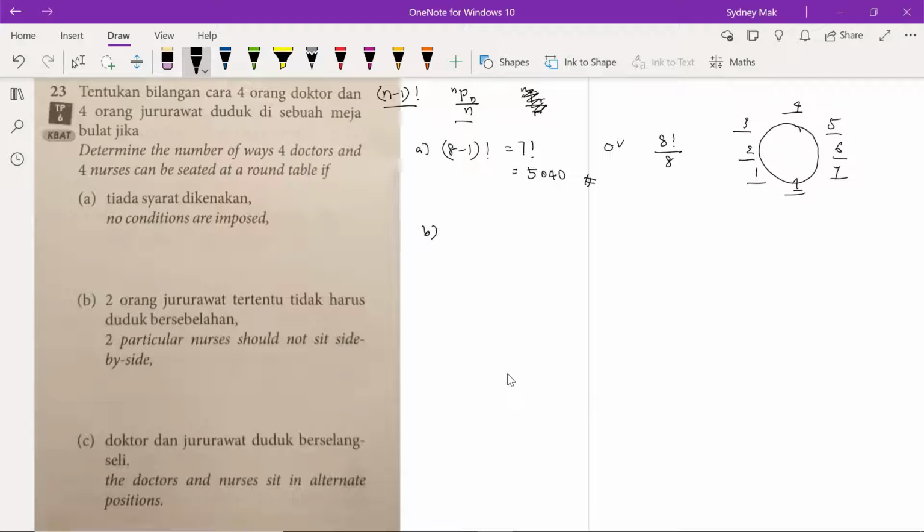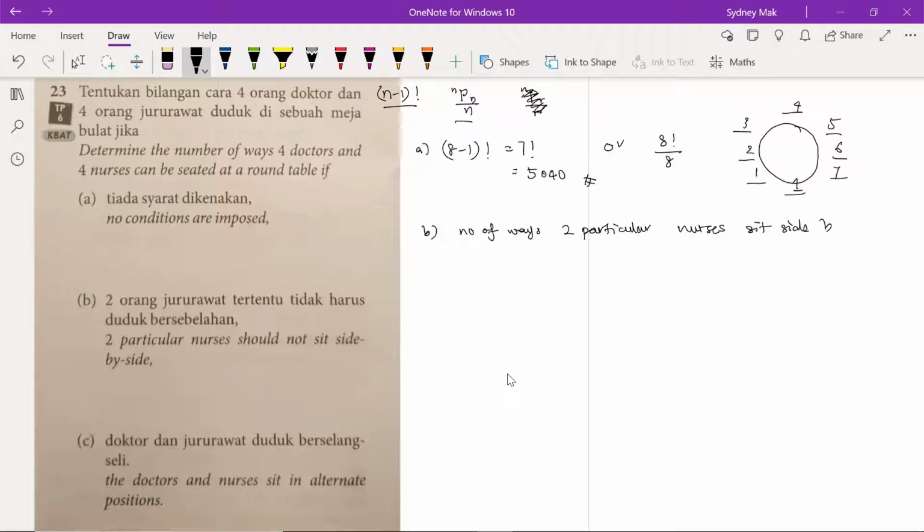Now B, the 2 particular nurses should not sit side by side. For that, we can use the complement method, so the 2 particular nurses have to sit side by side first, okay? So the number of ways the 2 particular nurses sit side by side.